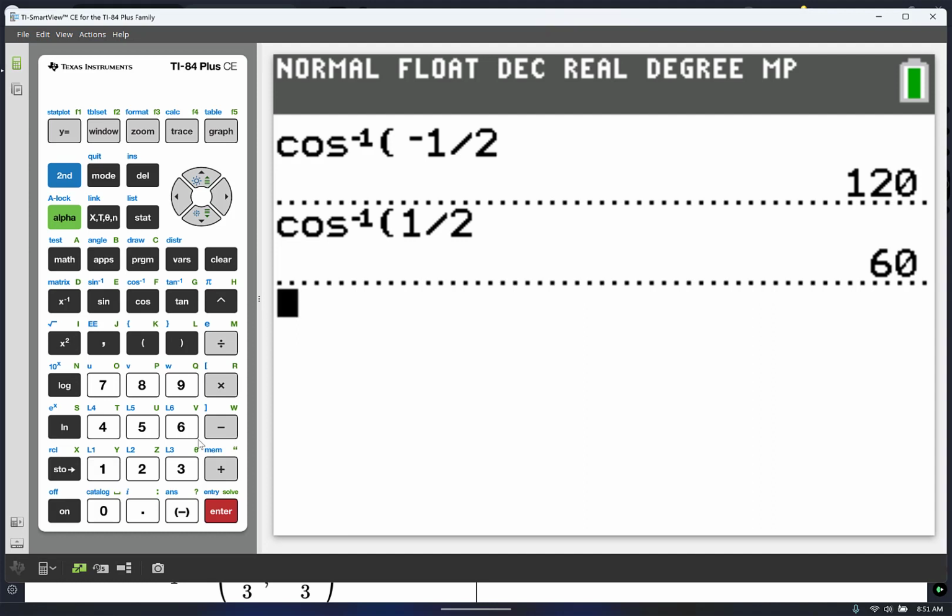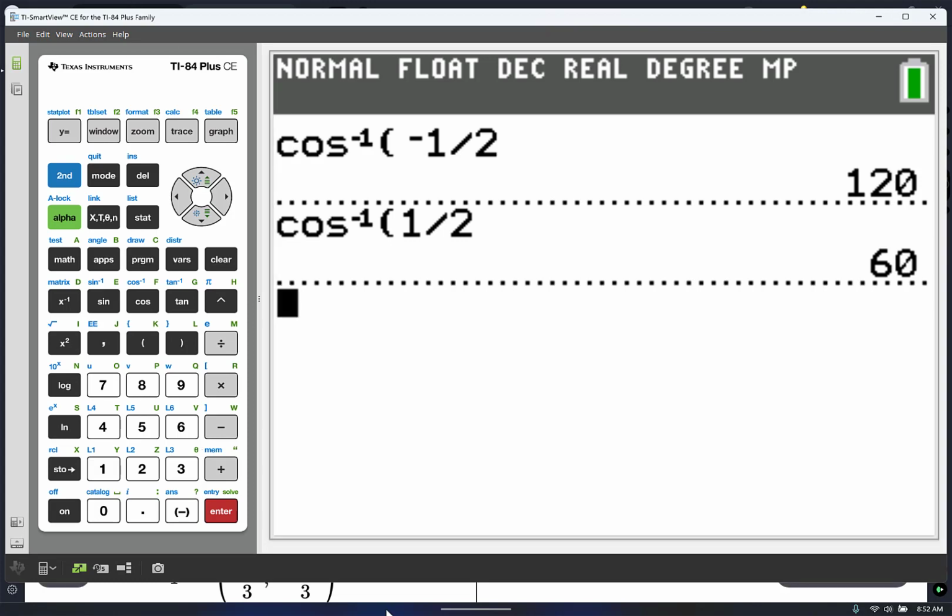So the angles that make cosine -1/2 are 180 minus 60, which is 120, and 180 plus 60, which is 240. So at 120 degrees the cosine is -1/2, and at 240 degrees, cosine is also -1/2.